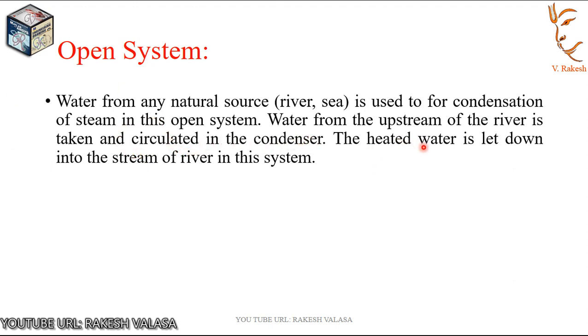The heated water is let down into the stream of the river. In the open system, cooling water is taken from the upper side of the sea or river, passed through the condenser, and the heated water is discharged to the lower side of the river. It is known as an open system.